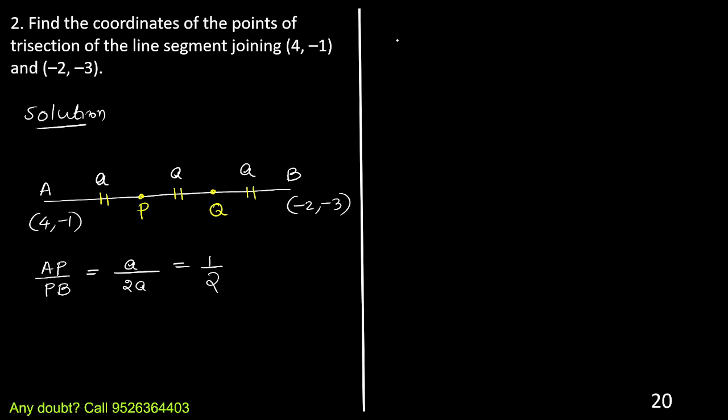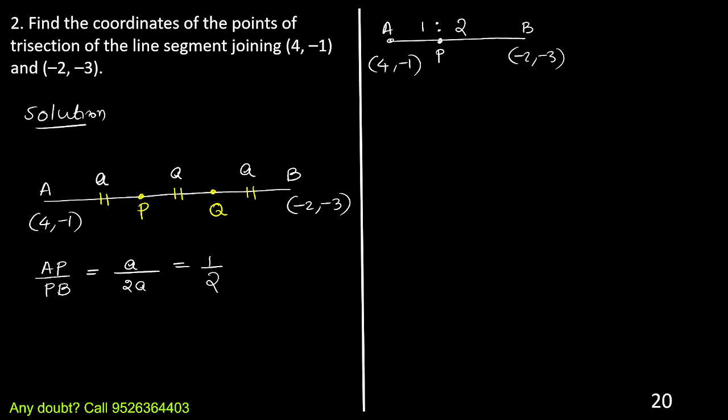Let me draw a separate picture, then you will not have any confusion. A is (4, -1). What is B? B is (-2, -3). P is here, right? I told you that P divides AB in the ratio 1 is to 2. So above this line, you just write 1 is to 2.